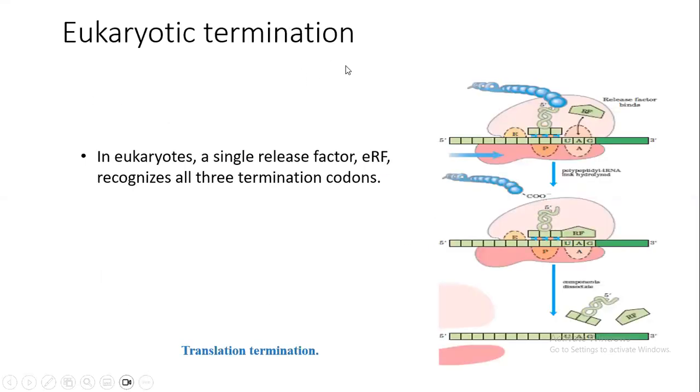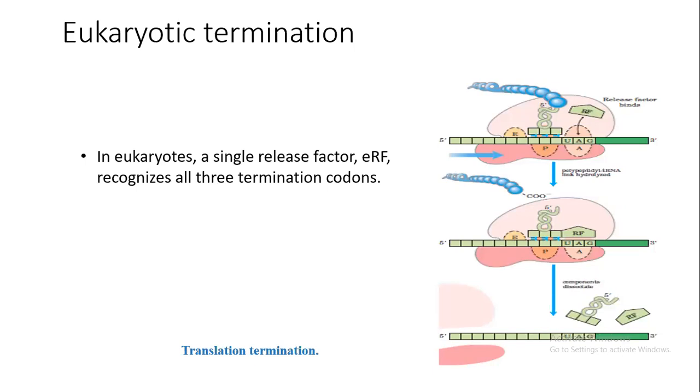Now coming to the termination, in case of prokaryotes, we discussed that there are three termination codons, UAA, UAG, and UGA. So similarly, there are three termination codons present in case of eukaryotes as well.